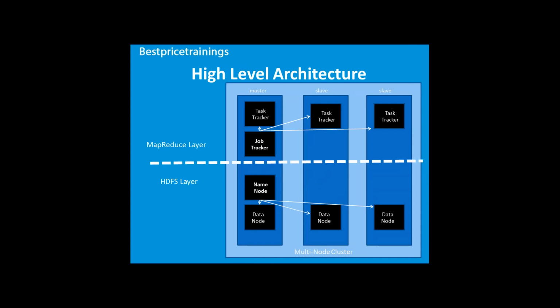In the figure, you can see that in a Hadoop cluster, we have a master server and two different slave servers. As a mandatory part, a master server should contain the name node and job tracker. However, slave servers have only the data node as well as the task tracker.